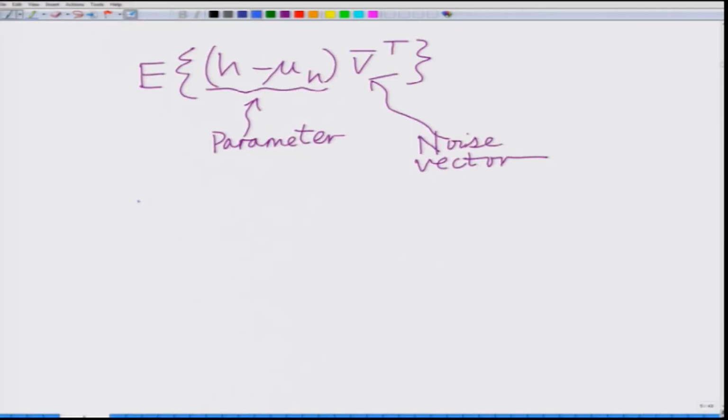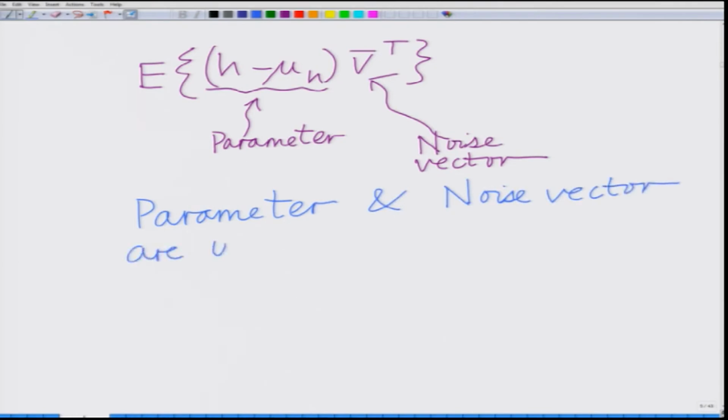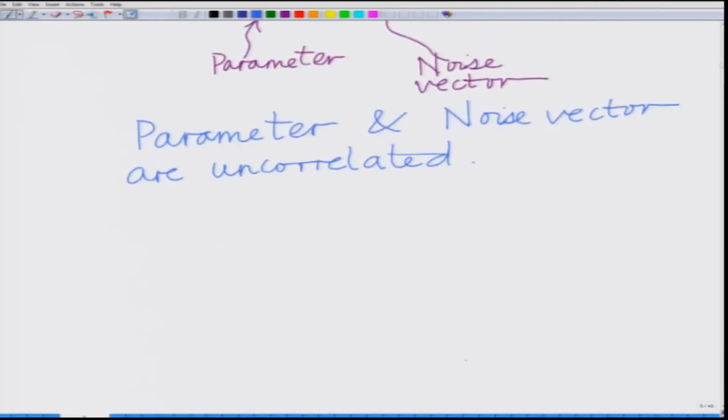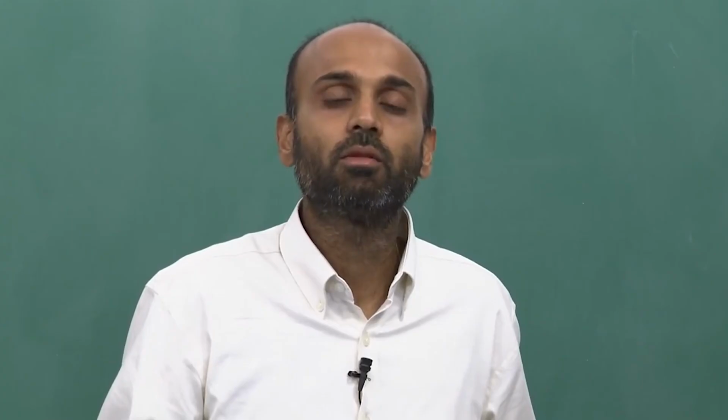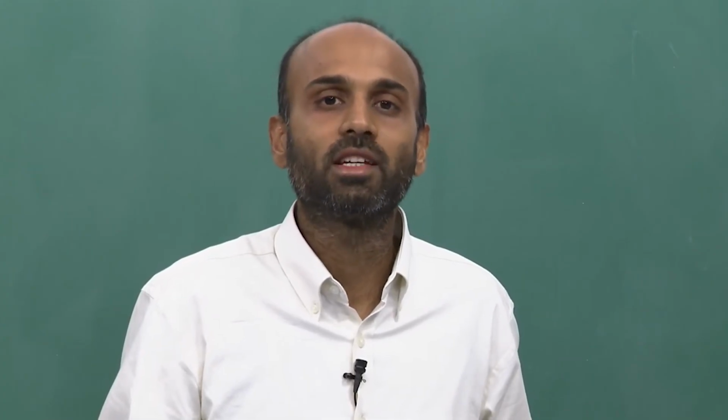That is the important assumption that we are making, which is also, as we said, logical. Actually they are independent, but here uncorrelated suffices because they are both Gaussian. So, naturally, if they are uncorrelated, it follows that they are independent, they are one and the same. So, for that we are just going to say that they are uncorrelated, which means the covariance, the expected value of h minus mu h times V bar transpose, is equal to 0.